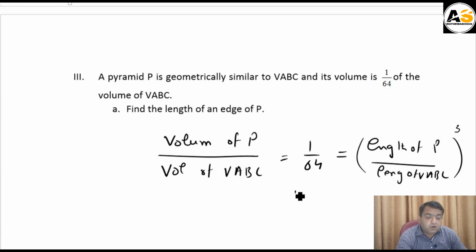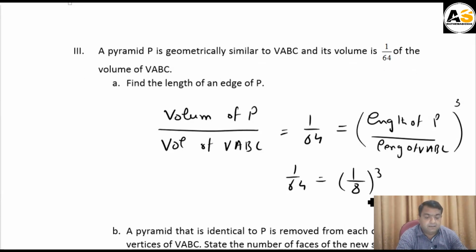So I can say 1 over 64 is equal to x over 8 whole cube. Let this length be x. So x cube over 8 into 8 into 8 is 1 over 64, so x cube is 8 and x will hence be 2.